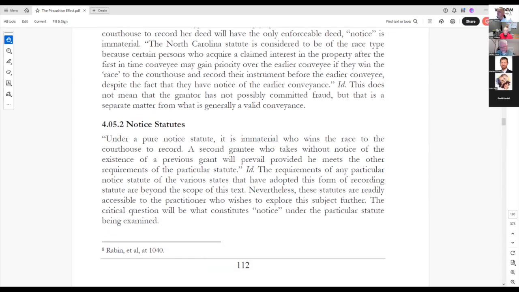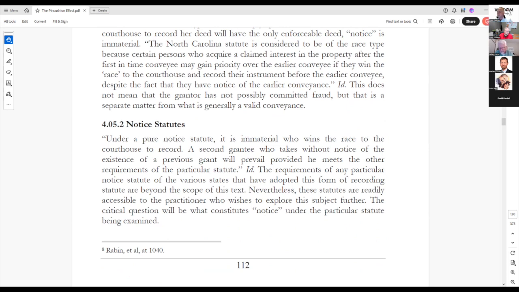Mosley's predecessor in title sold a right of way across the property to Jefferson County, I think, or it might have been the Alabama Department of Transportation. No, I think it was Jefferson County. He sold a right of way across the property, and then sold all of his property to Mosley.